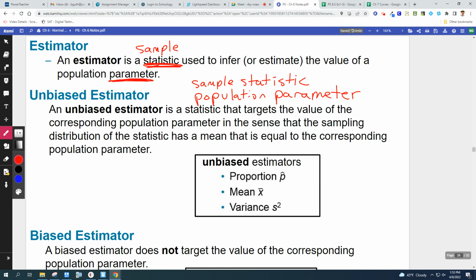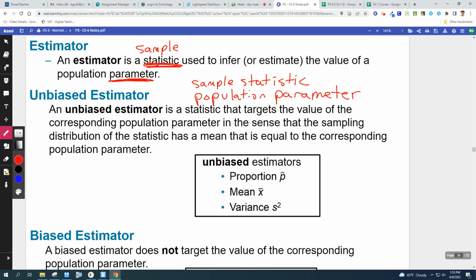An unbiased estimator is a statistic that targets the value of the corresponding population parameter in the sense that the sampling distribution of the statistic has a mean that is equal to the corresponding population parameter. I guess this would be useful if you've got 1 billion numbers and you don't want to deal with all of them, so you deal with smaller samples.